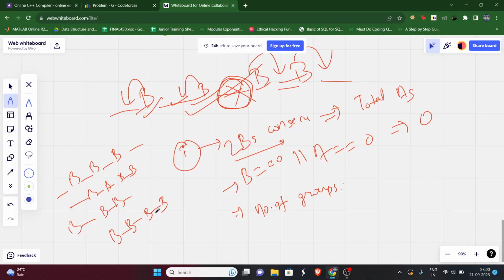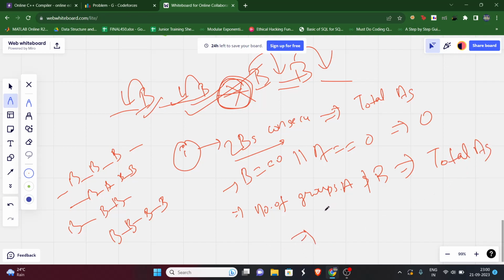If the number of groups of B is greater than or equal to that of A, then we'll have total A's as our answer.